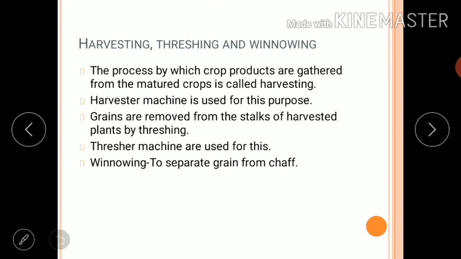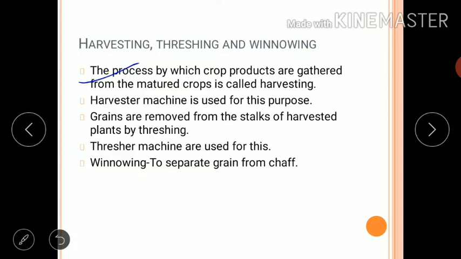Harvesting, threshing, and winnowing. The process by which crop products are gathered from the matured crops is called harvesting. This can be done by hand with a sickle or by using a harvester machine.